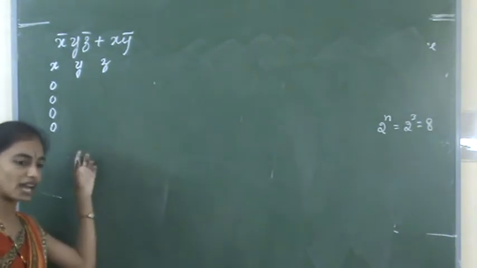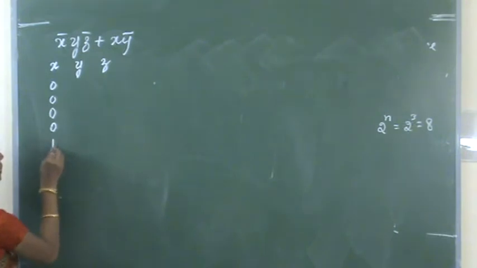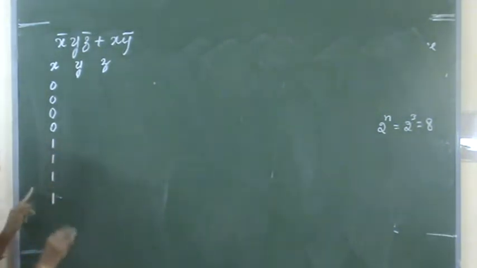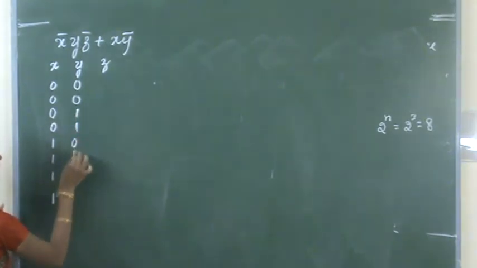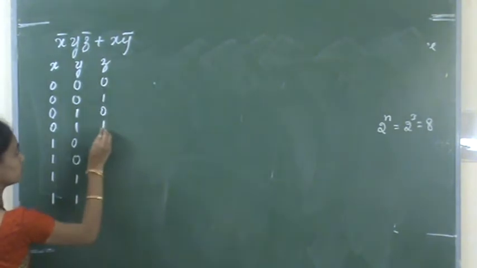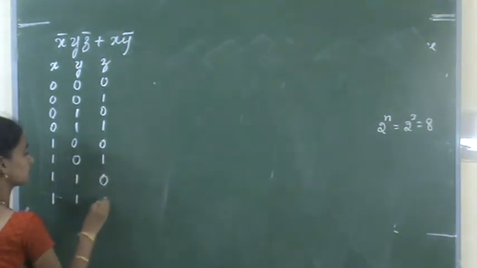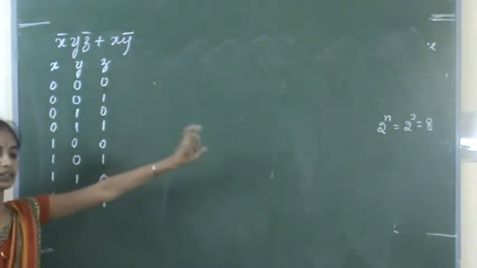Likewise we are using this: 4 zeros and then 4 ones, then 2 zeros, 2 ones, then alternating zeros and ones. So this is the input for 3 variables.